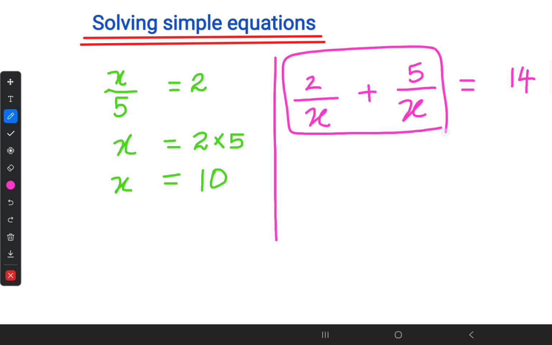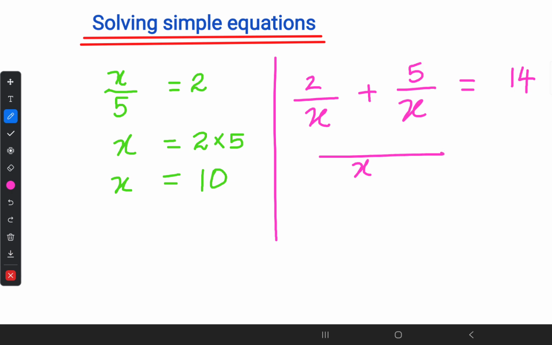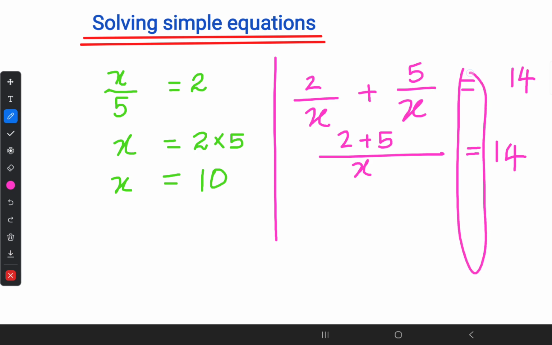Okay, there are two fractions. Since both of these fractions have 2 and 5 as denominators, it is simple to make 10 the common denominator. Thereafter, you have to add the numerator values, 5x plus 2x. This equals 14. Always keep your equals signs in alignment.